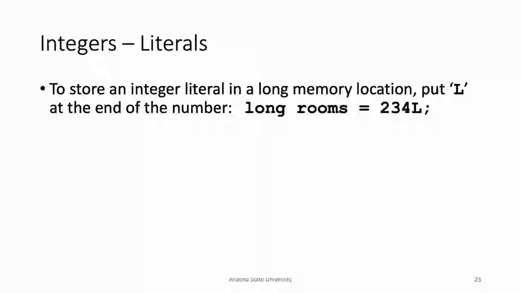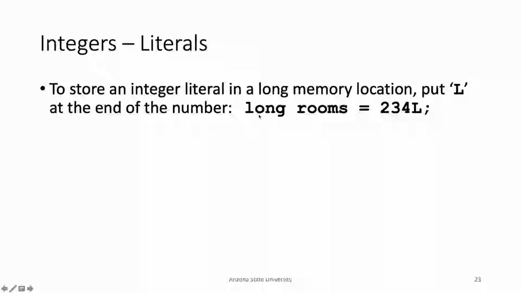If you just put 234 and a long on the left side, it does the conversion from int to long automatically for you. You don't have to worry about that. But it's there to signify I explicitly want this to be a long data type.